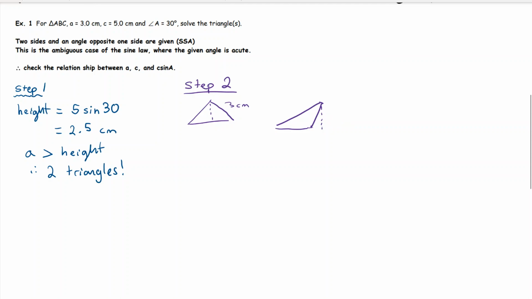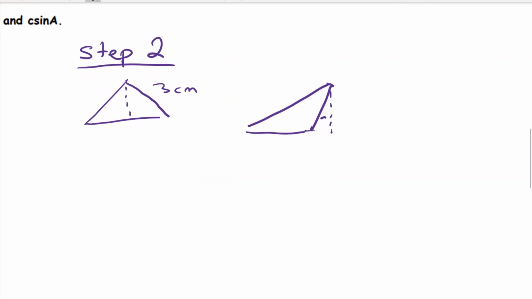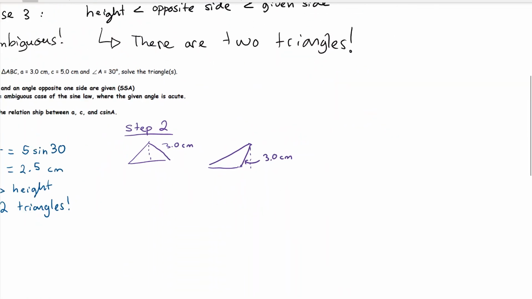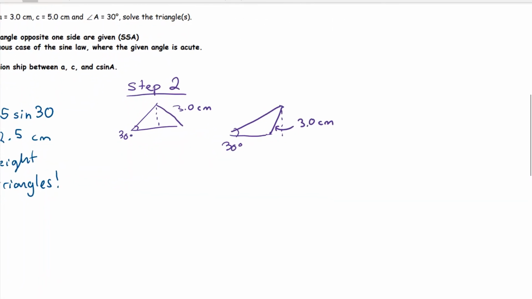That kind of makes it look like the height is 3 centimeters. I'm going to do a little arrow to tell you that this is 3.0 centimeters, and this side is 3.0 centimeters. So that's side a. Angle A is 30 degrees, and this one is 30 degrees.